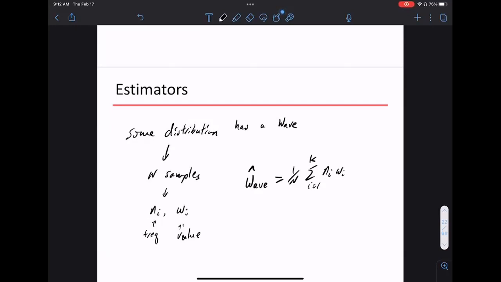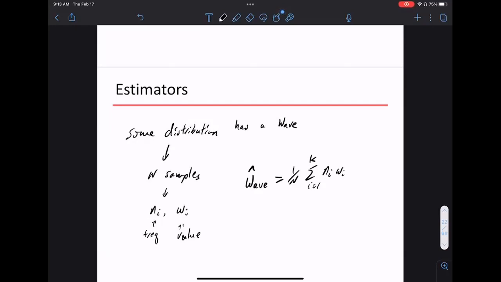Any intuition on the relationship between the two? Is this a good estimate of this thing? Or when is this W hat a good estimate of this? Right, so the hope is that as n gets very, very large, this estimate will eventually go to the true value.